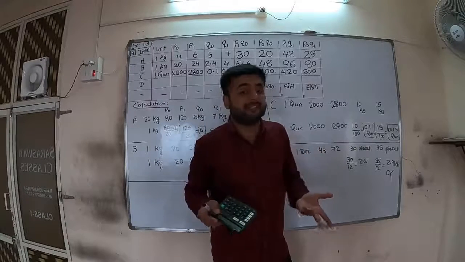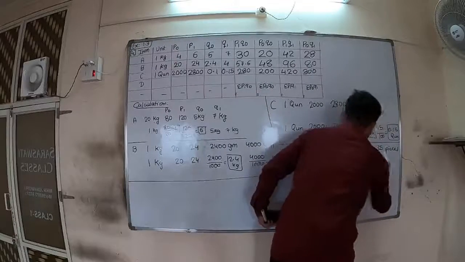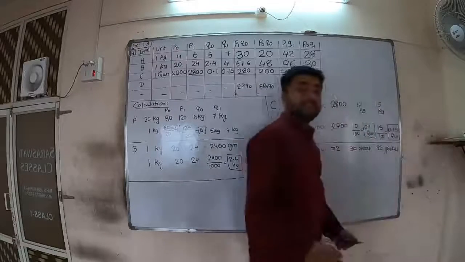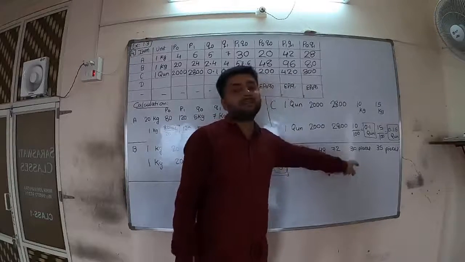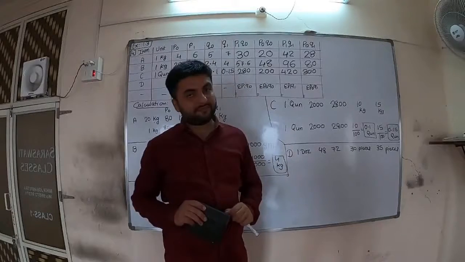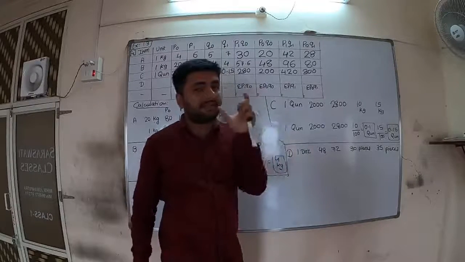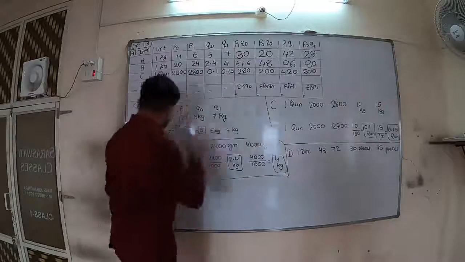Your answer will change. So when this is not possible, we have changed the quantity. When it is not possible, then leave it and do it the other way. Please understand clearly what I mean to say. In items B and C also the units are 1.